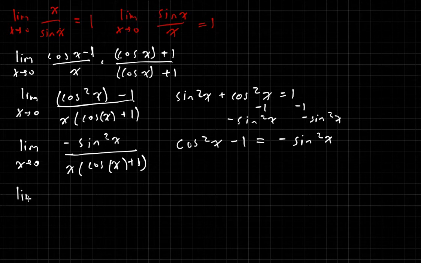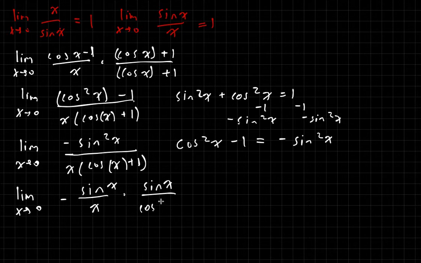And this can be rewritten as the limit as x approaches 0 for negative sine x over x times sine x over cosine x plus 1, right? And guess what? What can this be rewritten as? Well, another fundamental property of limits says that this is just negative 1 times this.